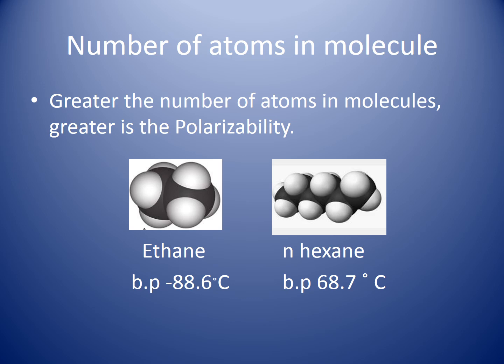The second factor is number of atoms in molecule. Greater the number of atoms in molecules, greater is the polarizability. For example, in case of ethane, we have only 2 carbon atoms and 6 hydrogen atoms, and the boiling point is minus 88.6.